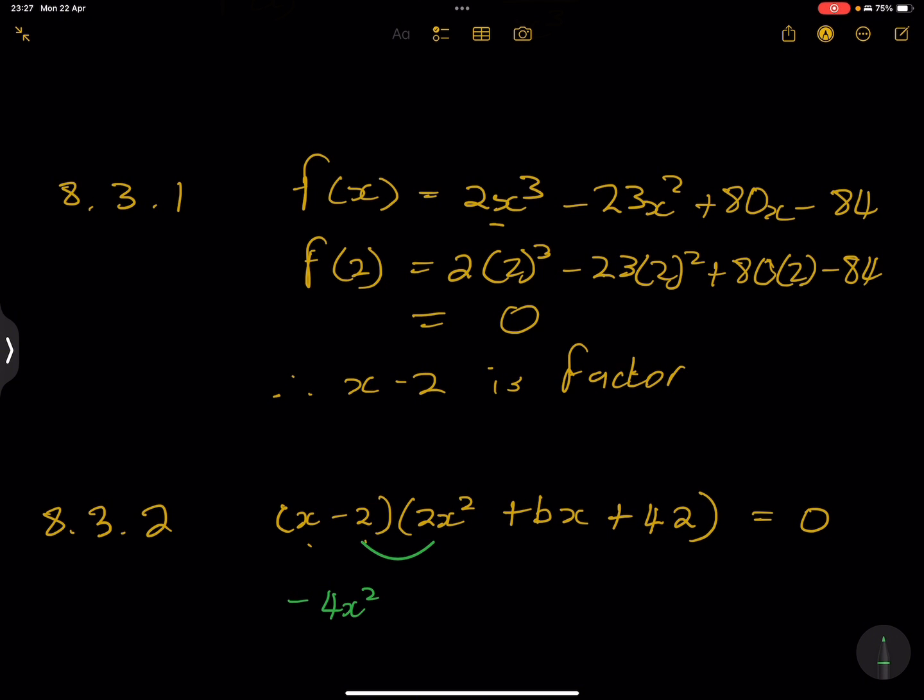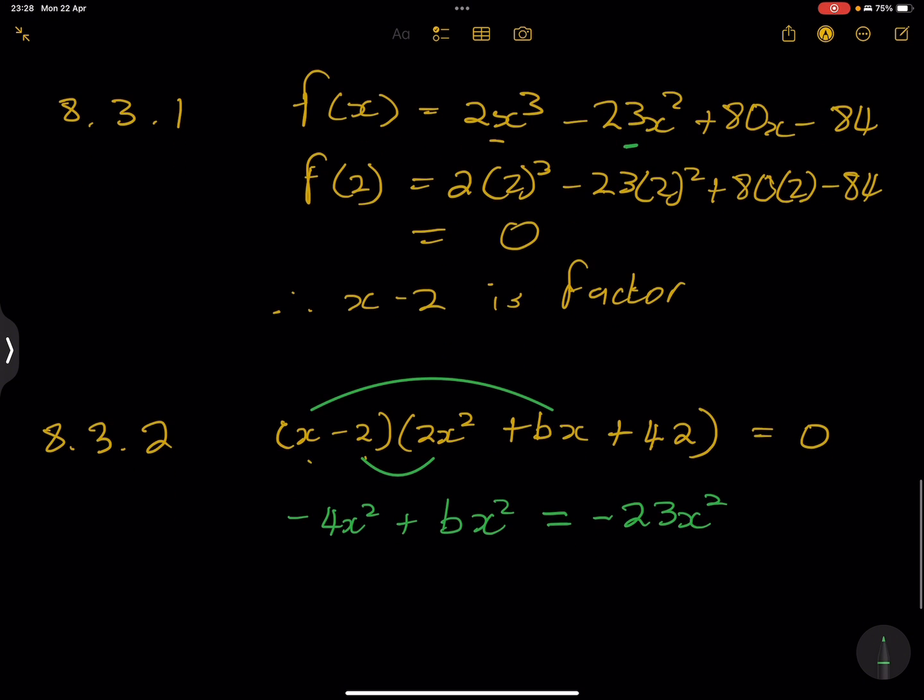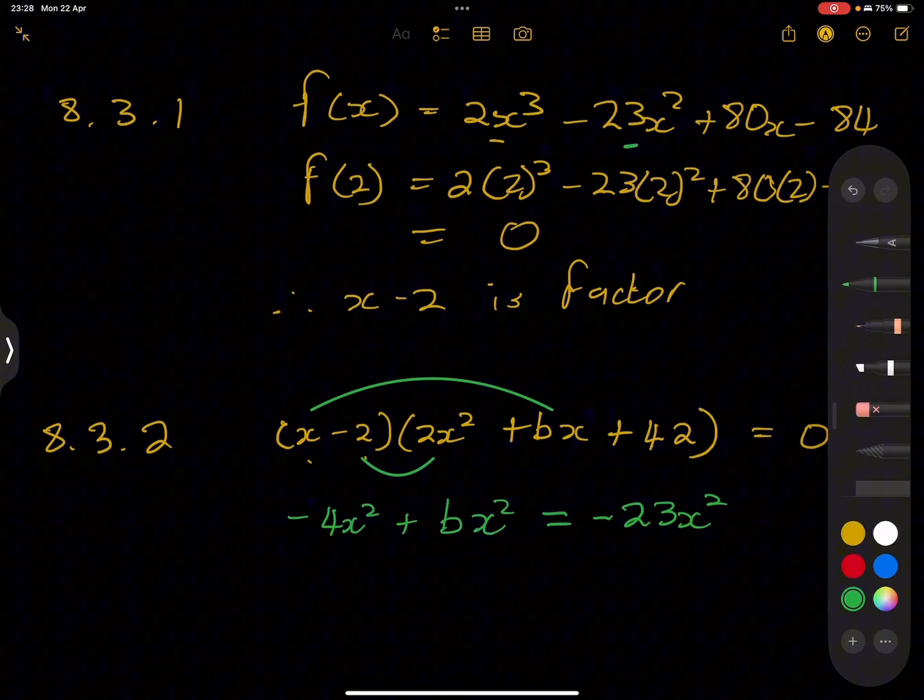Okay, some of you prefer to use a different method here. Use whatever it is that is comfortable to you. Plus bx squared. Okay, and in this case, remember when I add these two up, it must give me minus 23x squared, right? Now we can drop the x squareds, right?